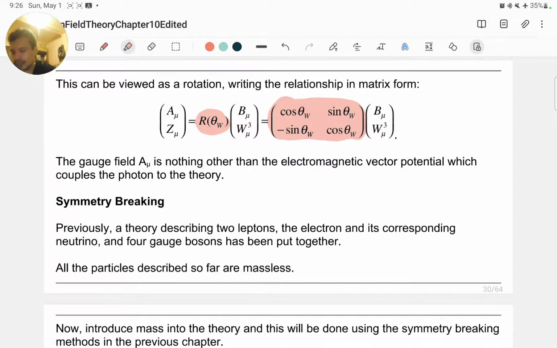So there is now a link between the photon and the three particles of SU2.